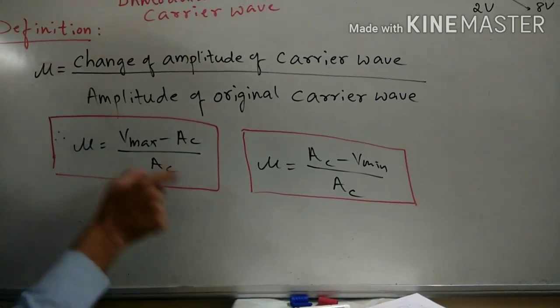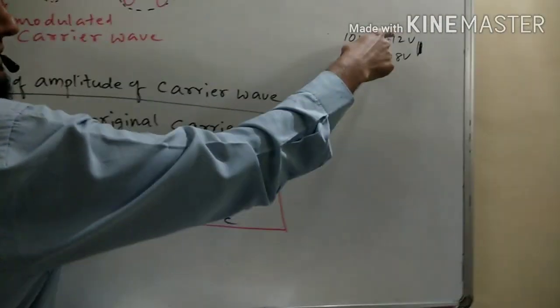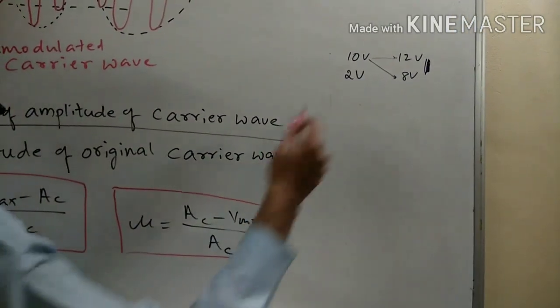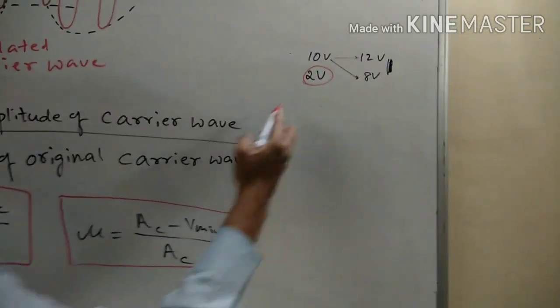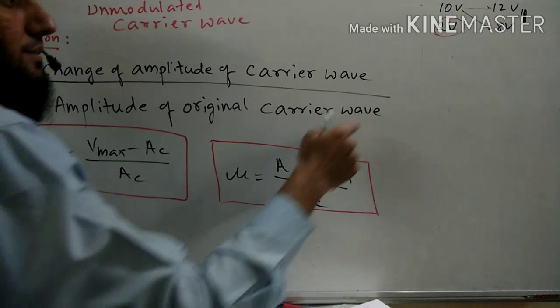So if you find out this one, V maximum minus AC. For example, in this one, 12 minus 10, it is 2 volts. And again, in this one, it is AC minus V minimum.